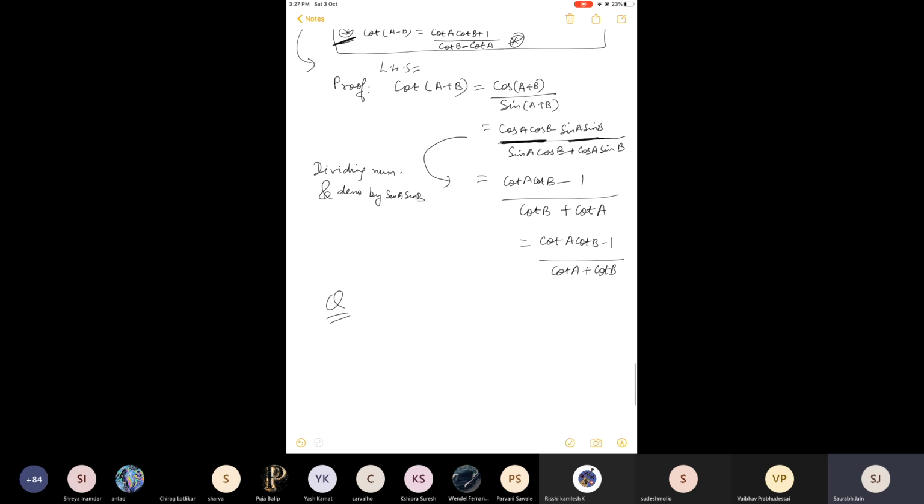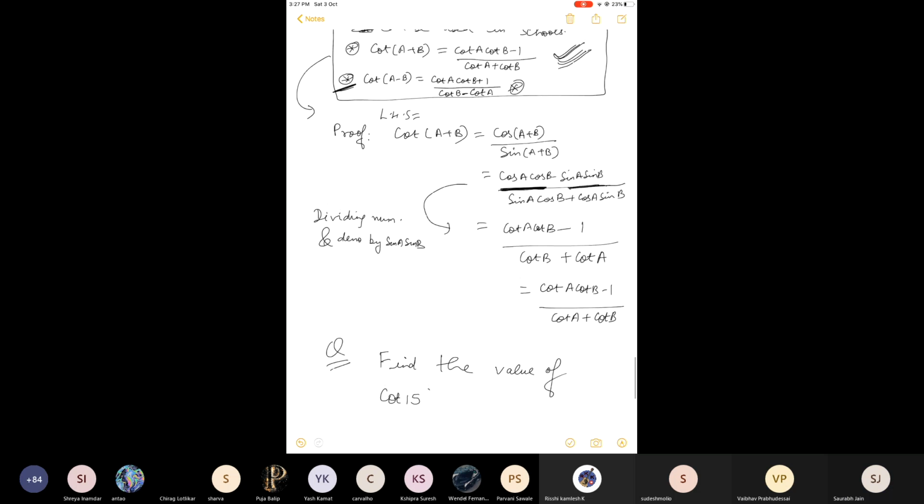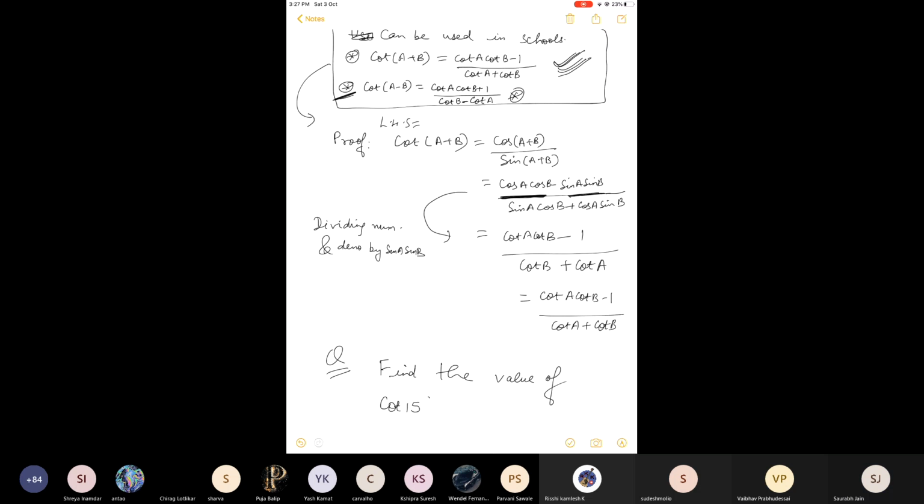Okay, just do one thing. Find the value of cot 15 degree. Do this. Value of cot 15 degree.